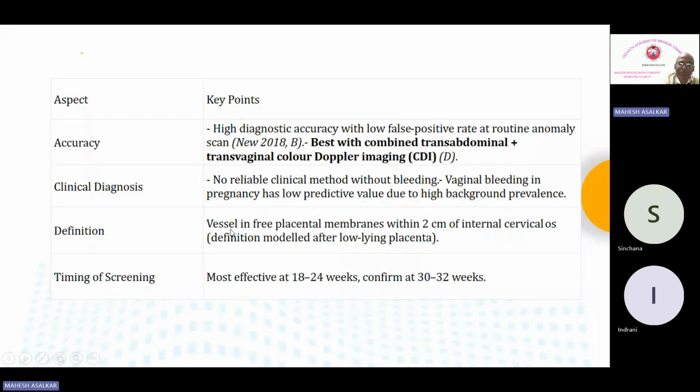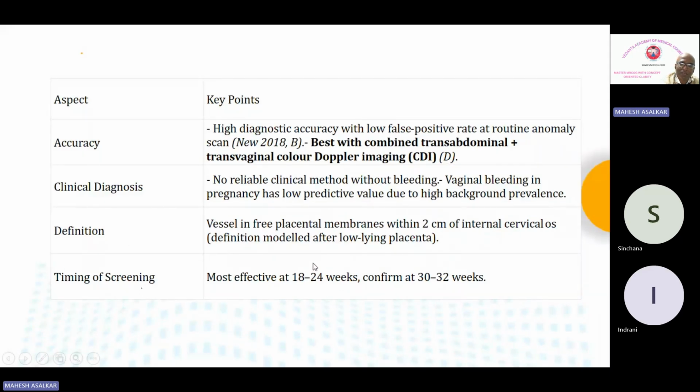The definition we have seen is a vessel in the pre-placental membranes within 2 centimeters of the internal cervical os. This definition is modified after the definition of the low-lying placenta.